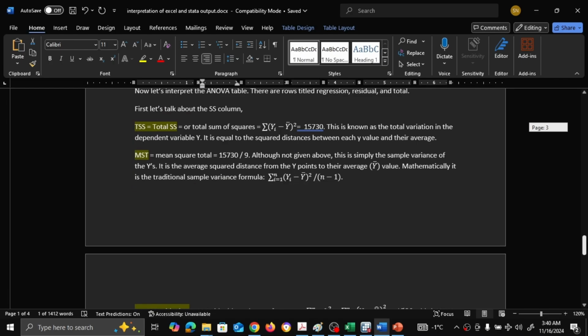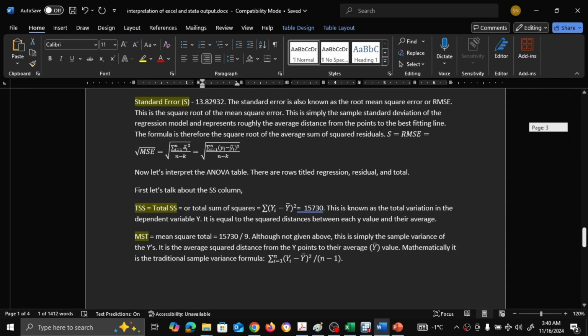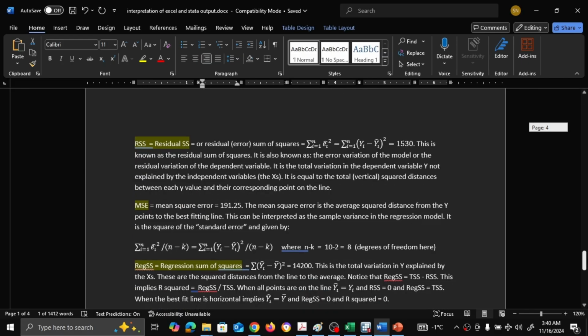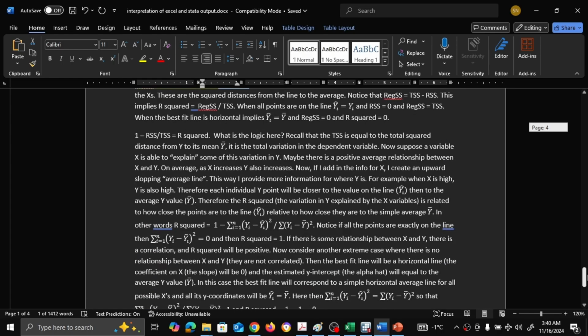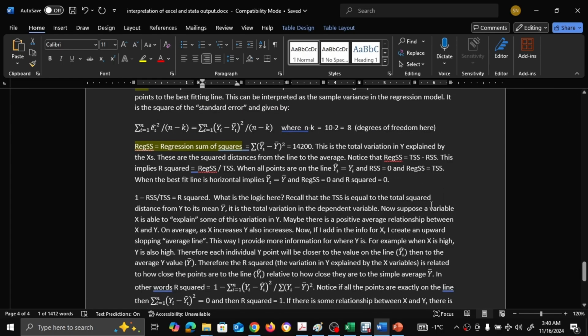Let's see, we're almost done. Mean square total means mean square residual, and this brings us to almost our last topic, really. Regression sum of squares. What is this? It's the y hat minus the y bar. This is the total variation y explained by the x's.